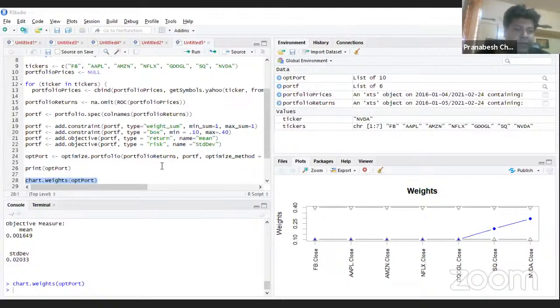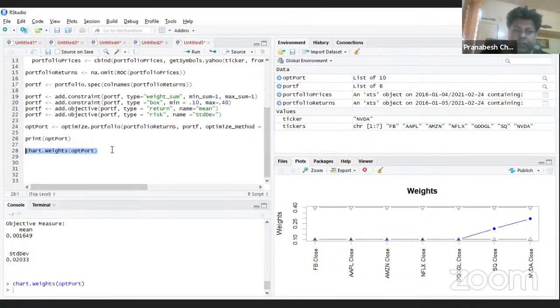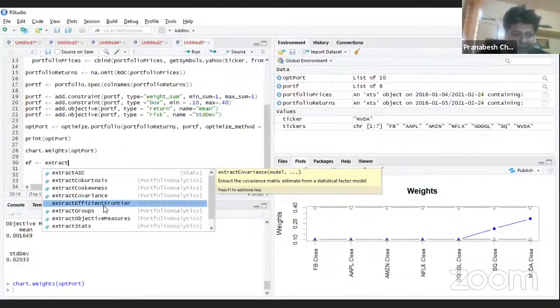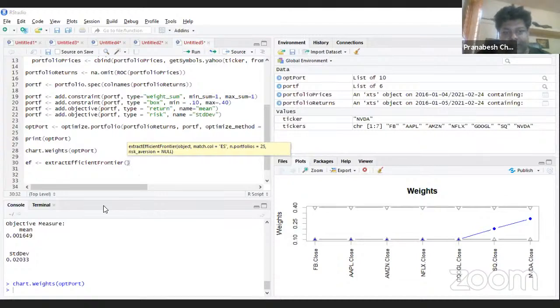Now let's create our efficient frontier. I hope you all know what an efficient frontier is, right? The most optimized weight, what are the expected returns? The function that we use is called extract efficient frontier.